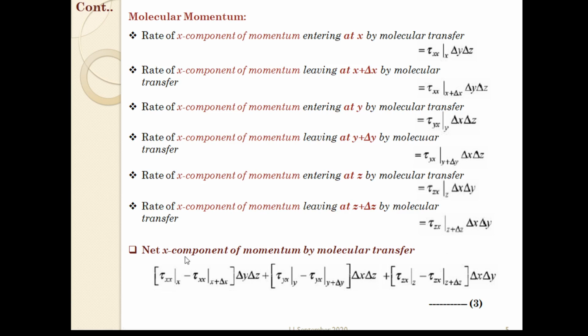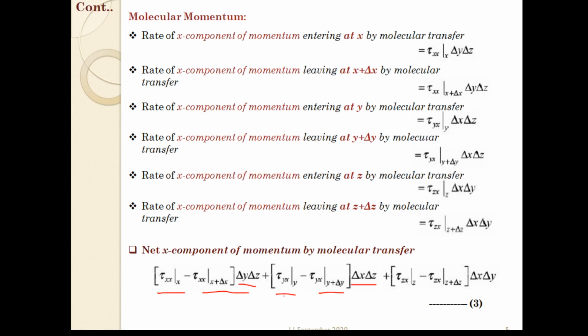So the net x component of momentum by molecular transfer is: this one is the entering and this is the leaving, at x and x plus del x through this del y del z area. Next at y and at y plus delta y phase through this area del x del z.